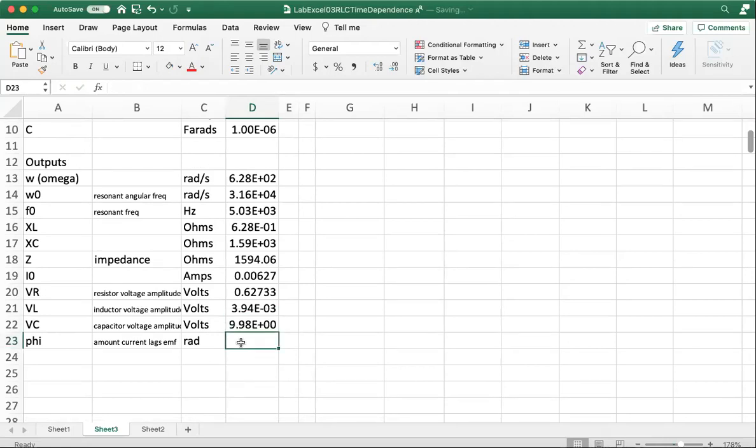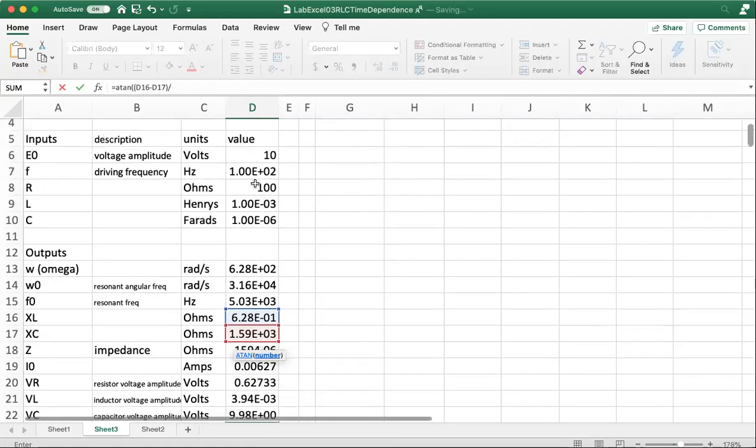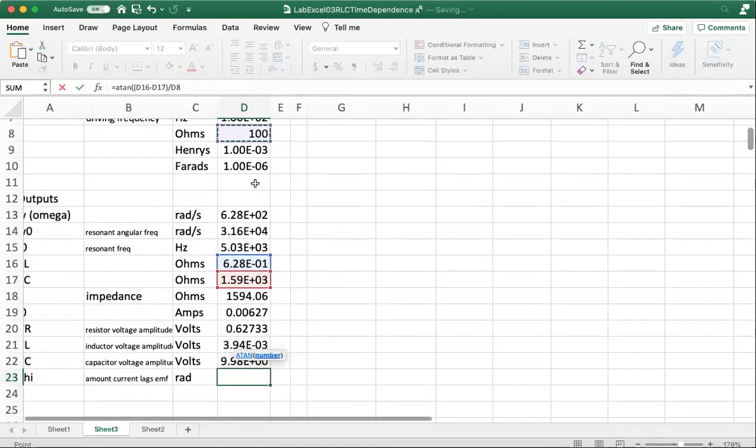All right, and then the phi. The phi is going to be an inverse tangent, so that's ATAN in Excel. So ATAN of XL minus XC divided by the resistance. That looks good.